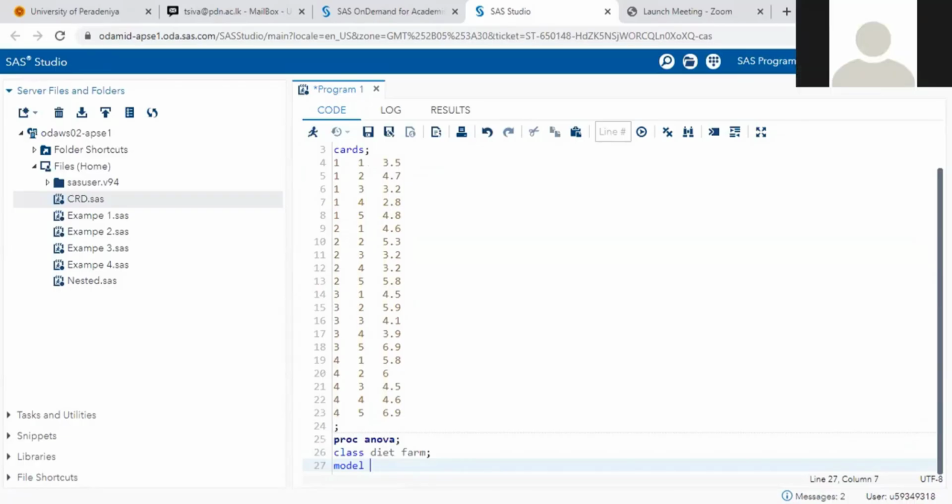Yield equals, okay, yield equals diet, oh yeah, we shouldn't say diet plus, diet and farm. Right. So that is why the model is important.